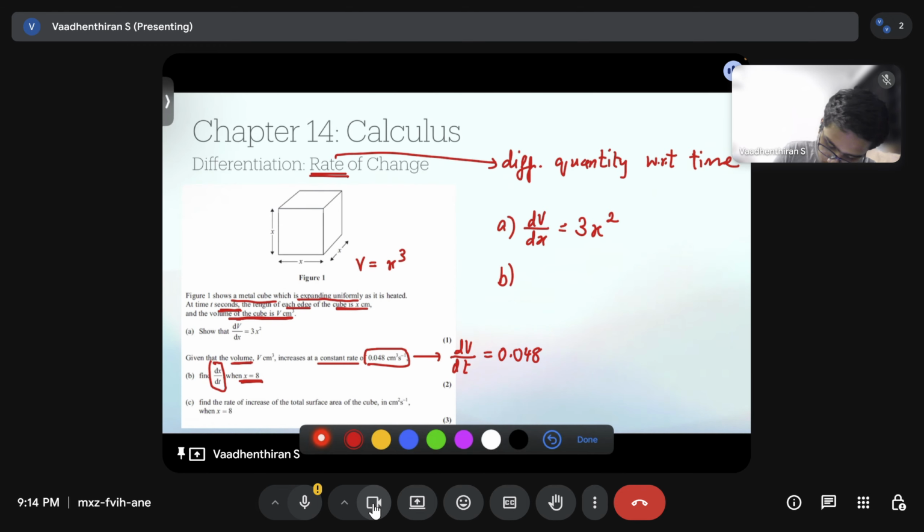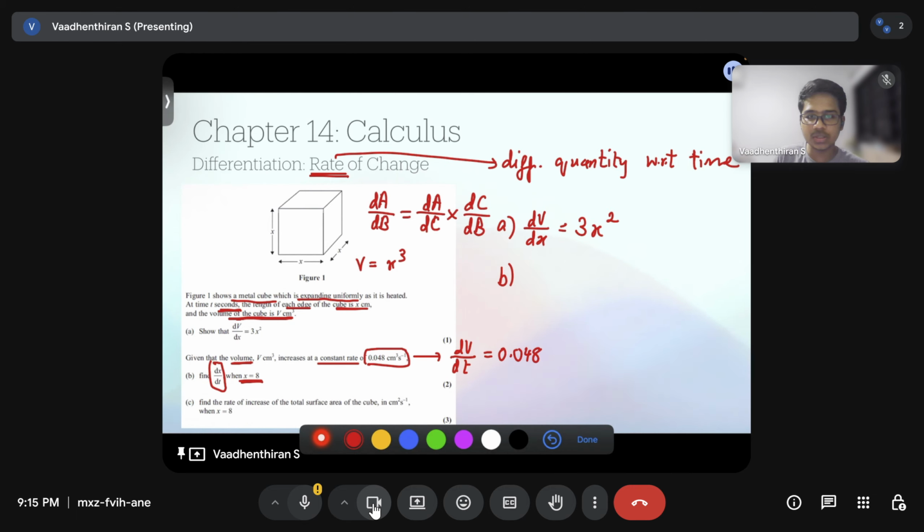There's a small rule you need to remember here. In general, dA over dB can be written as dA over dC times dC over dB.